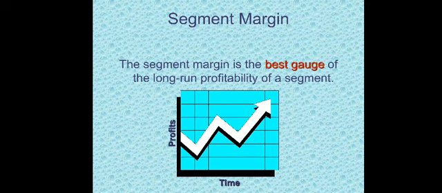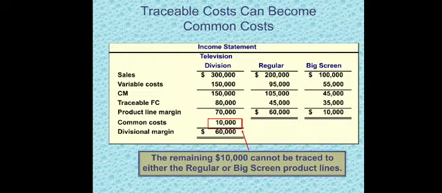After you have prepared the income statement for several segments of a business, you will see that each segment has its own profit or margin. See here, when you prepare the segmental reporting for the television division, you will see that regular TV has a margin or profit, and the big screen TV also has a margin or profit.